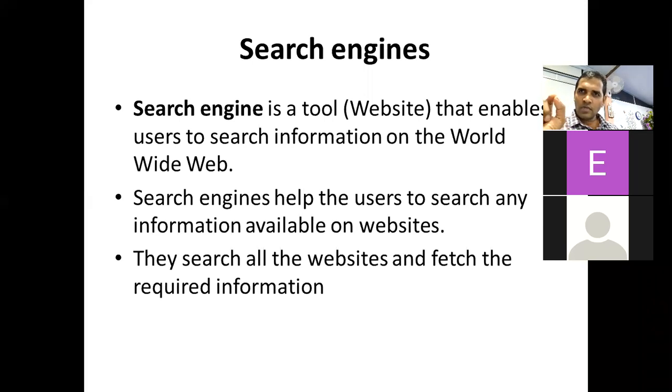Now you need a piece of information. Assume that you want the history of computer. You want to write an article, so now you want to get some information about the history of computer.